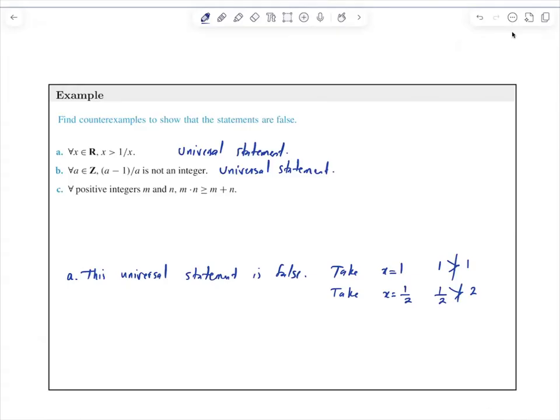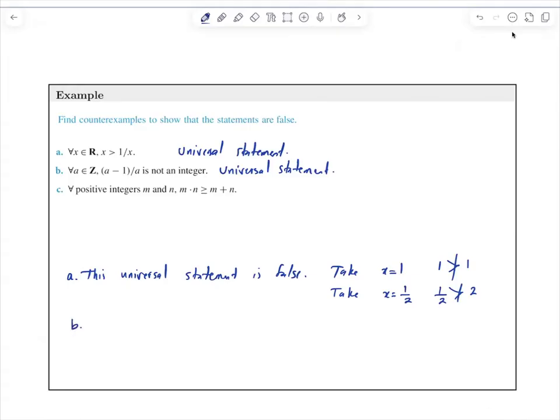For example, you can take A to be 1 or any other value that fits into this statement and makes the statement false. So it says if I take A to be any random integer, A minus 1 divided by A is not an integer.